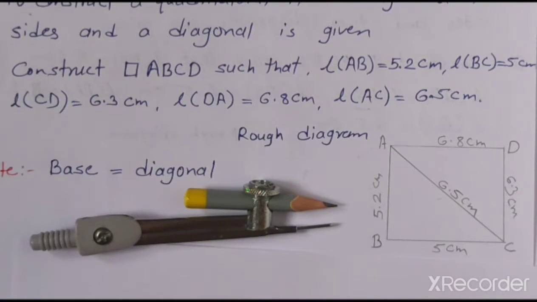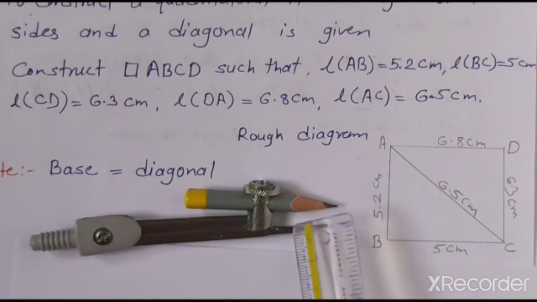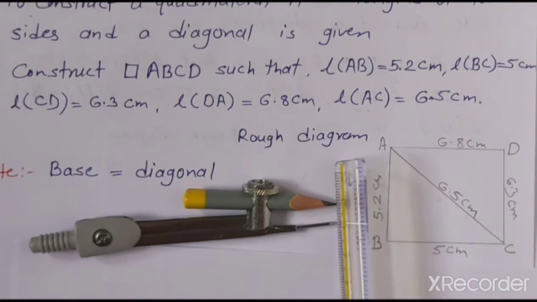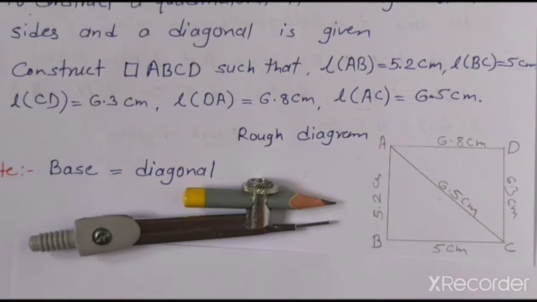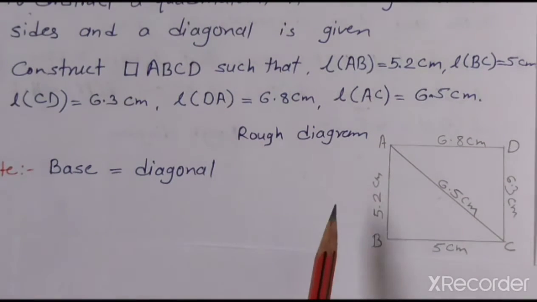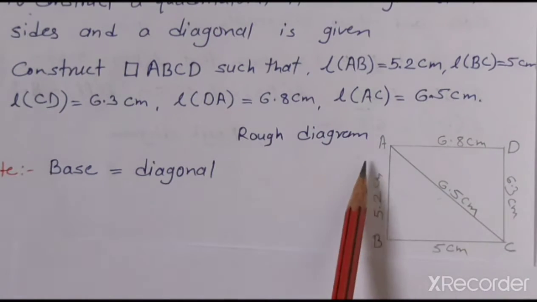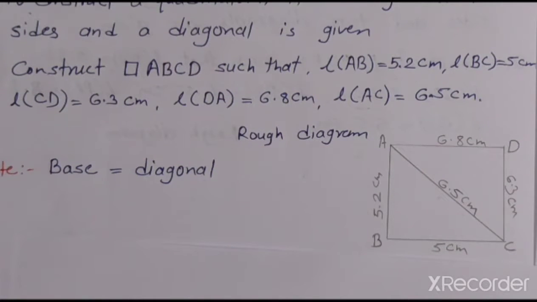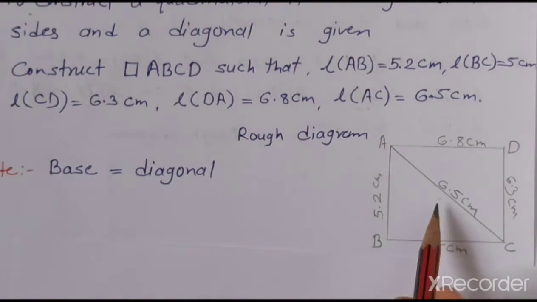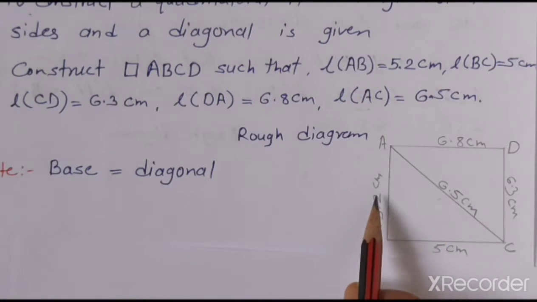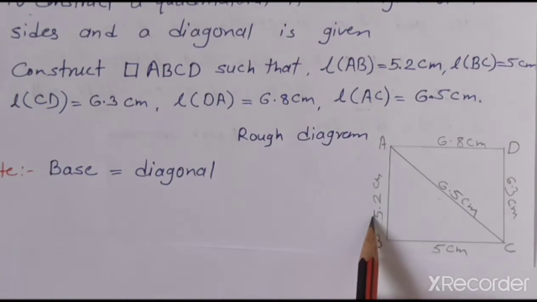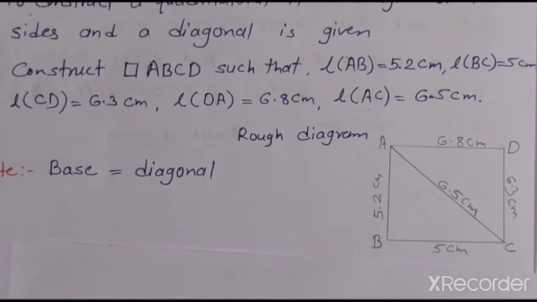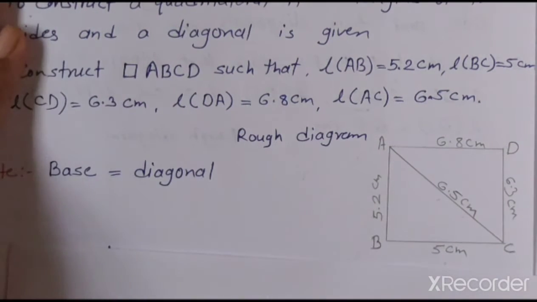Next precaution, the needle of compass and needle of pencil have to be of the same length. Next precaution, do not overwrite the diagram or make it dark, and write down these given values parallel to the segments. Now let's move to the construction.